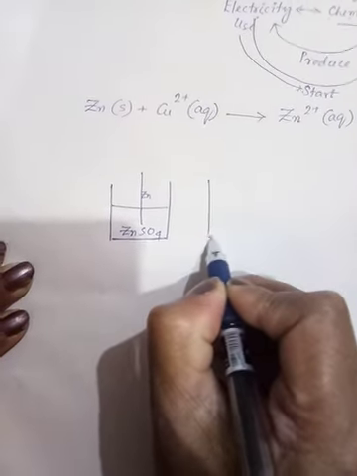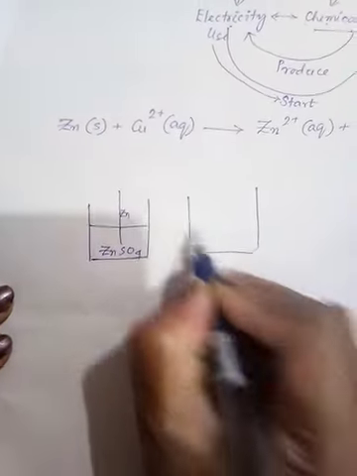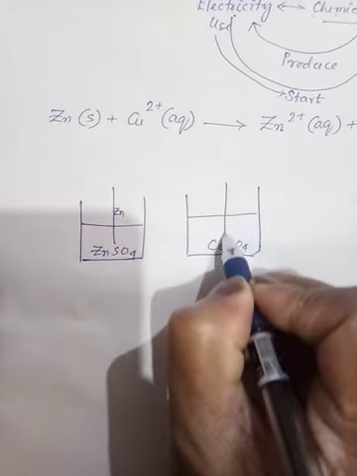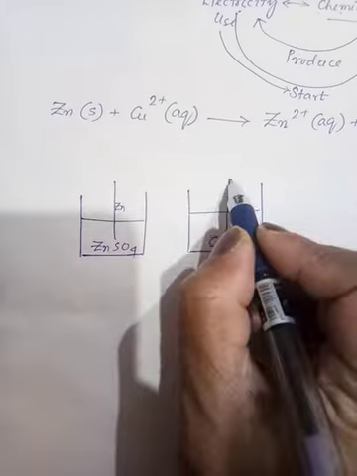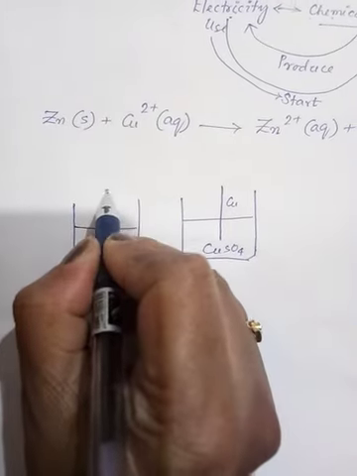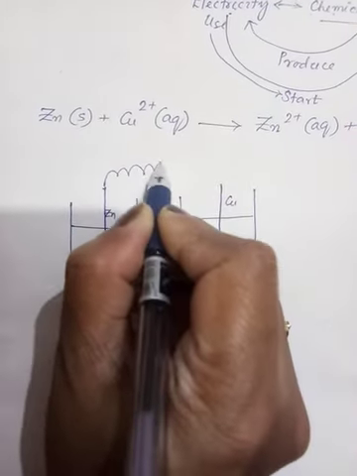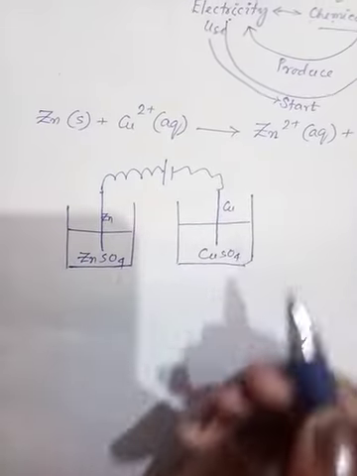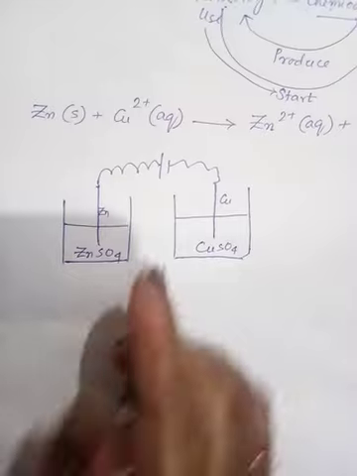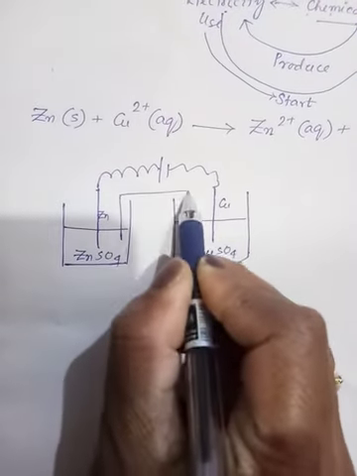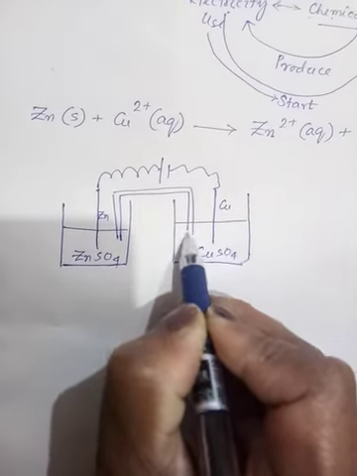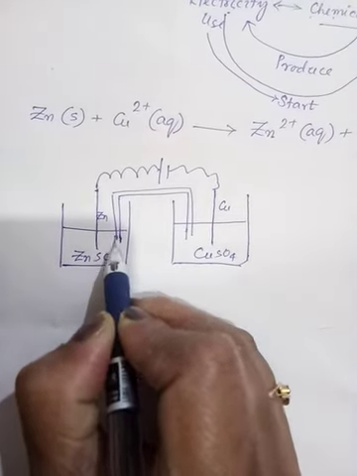Then I have another container where I have this solution of copper sulfate, with a copper rod dipped in it, and these are connected by an electrical source. To maintain the electrical flow, we have our salt bridge. This is what is drawn in your textbook.